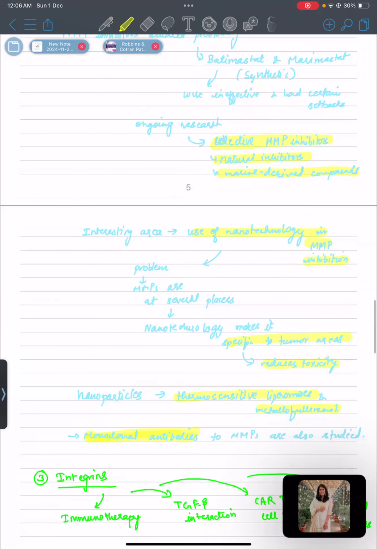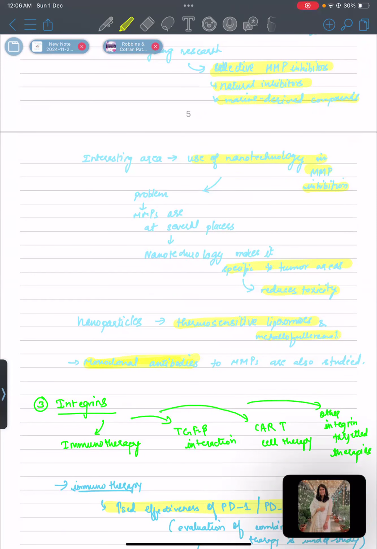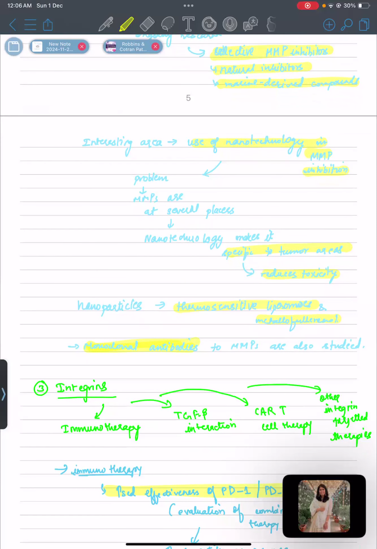Then we have an interesting area in MMP inhibitors, which is of my interest, that is use of nanotechnology to deliver MMP inhibitors. So the problem with the synthetic MMP inhibitors, which I mentioned earlier, was that MMPs are at several places. So there were a lot of side effects.